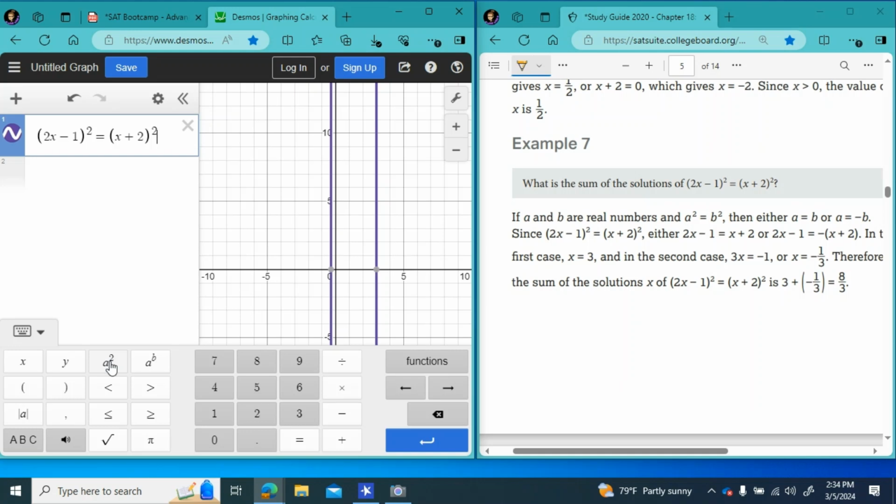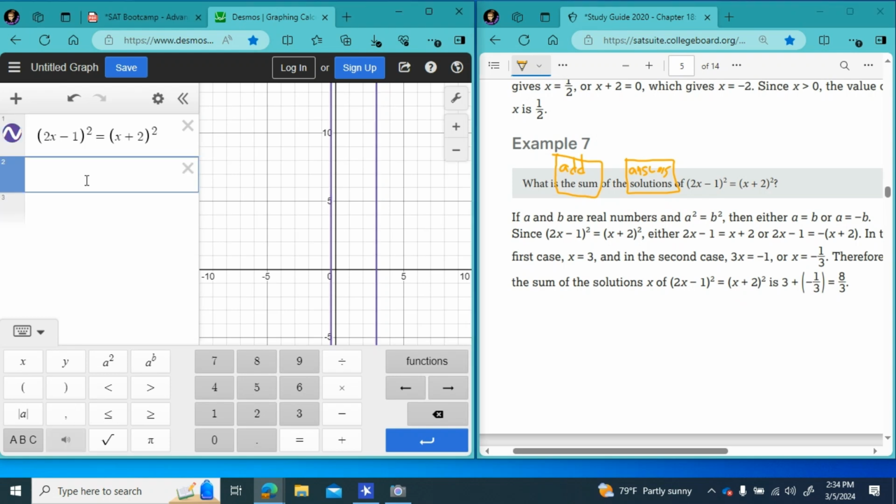And again, just like the question before, we have two answers or two solutions. And my keyword here, sum, means to do what? Add. The solutions are the answers. So we just need to add up the two answers.